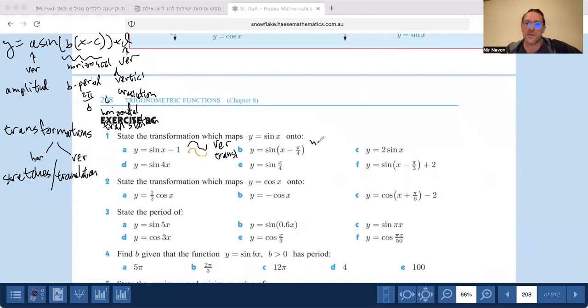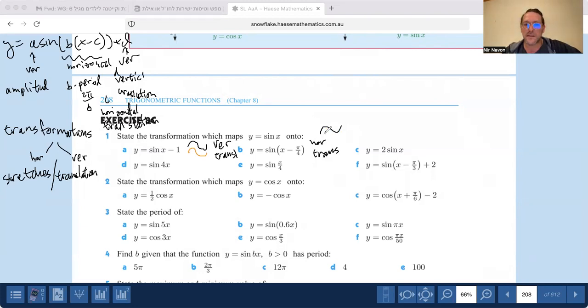This would be a horizontal translation. If this is our sine, then the new one will go pi over 4 units to the right because it's minus. Again, as I said, this would be counterintuitive. Everything stays the same. It's hard to do that.